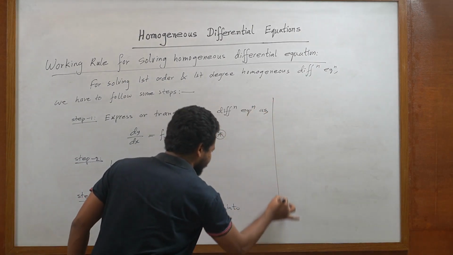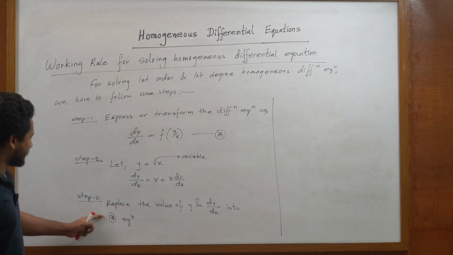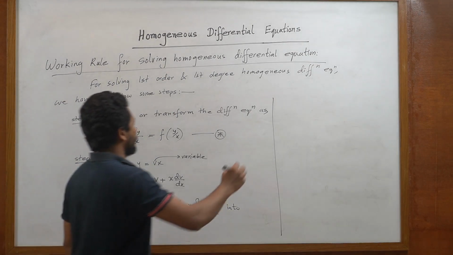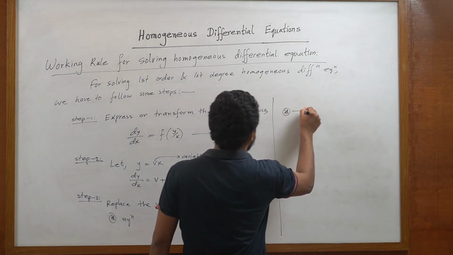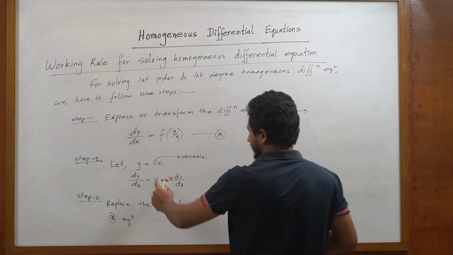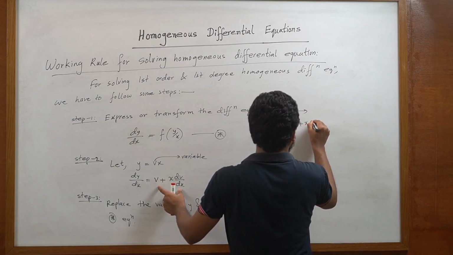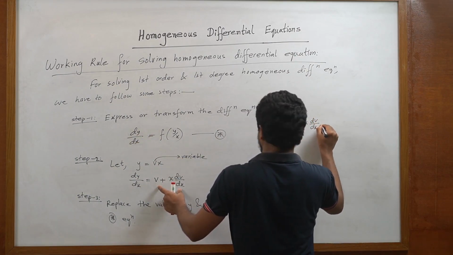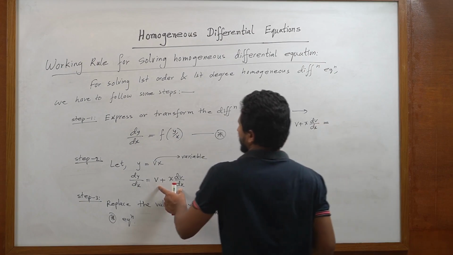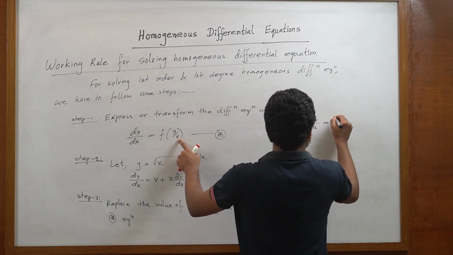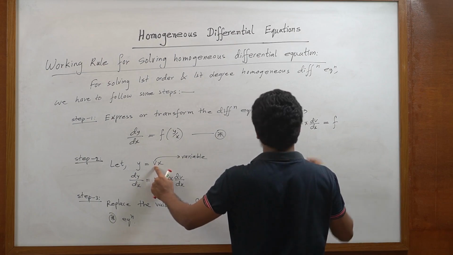So by step 3 we will get dy/dx as v plus x dv/dx equals f of y by x as v.